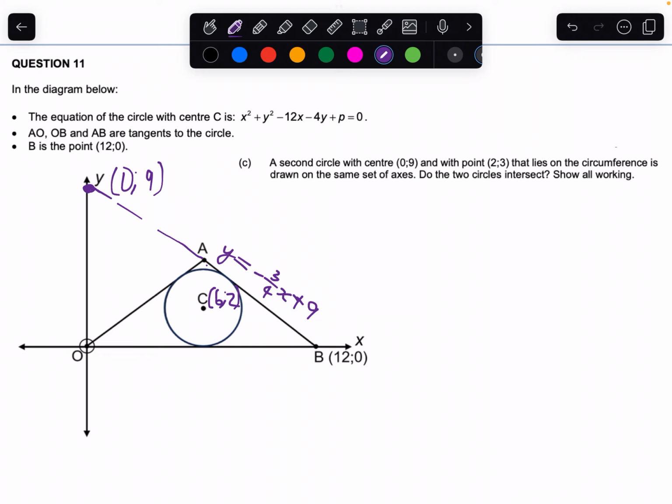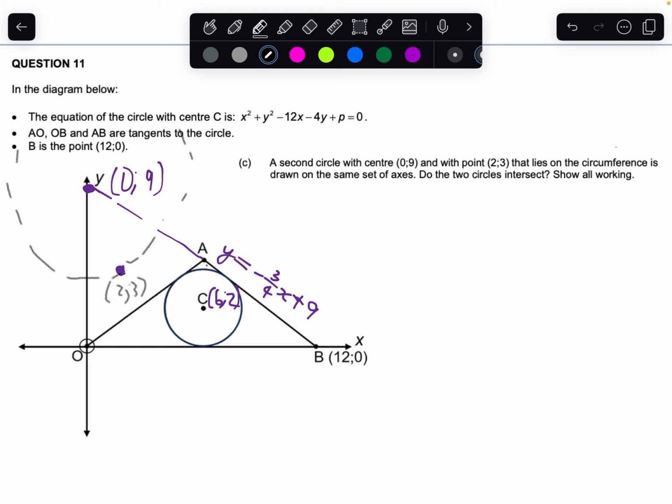Okay, and it has the point 2, 3 on it. 2, 3 might be maybe somewhere here. So that is a circle like this. Okay. Do the two circles intersect?